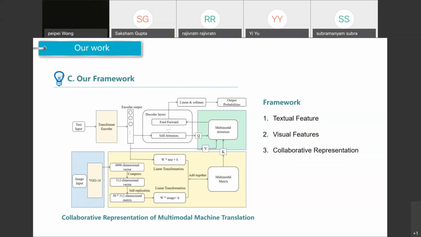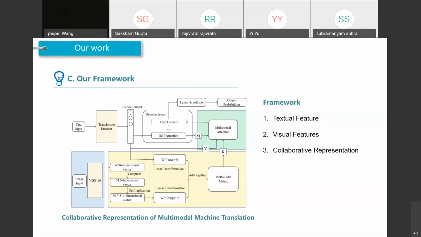This is our framework. Especially, the incorporation of image information can enhance the semantic expression of the input, and it can improve the quality of the MMT model to some degree. On the one hand, we process the sentence using lowercasing, tokenization, and punctuation normalization to improve translation quality.